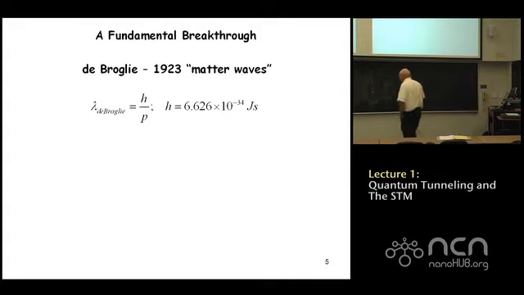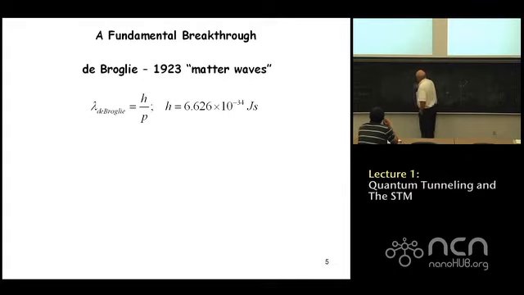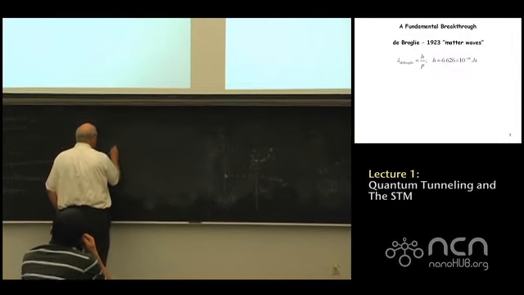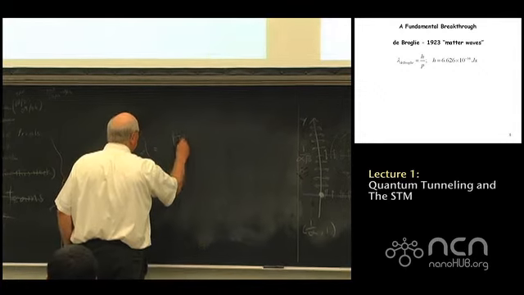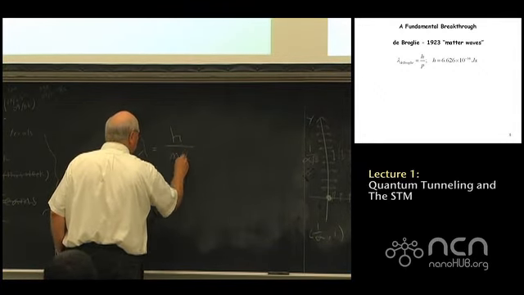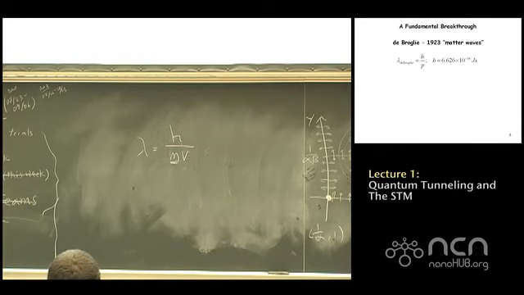And so the momentum is just the mass times the velocity, classically, right? So you have this very clever idea that a particle of mass m can have a wavelength associated with it.